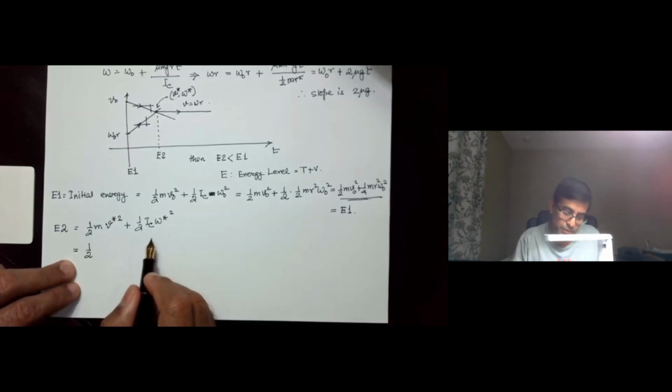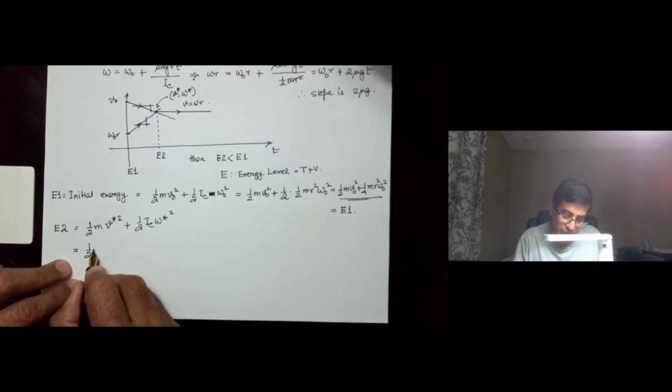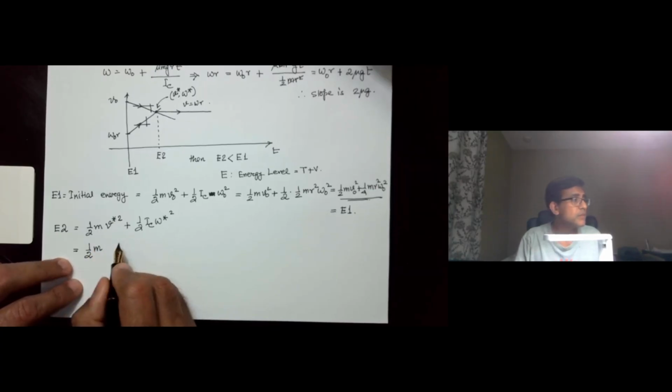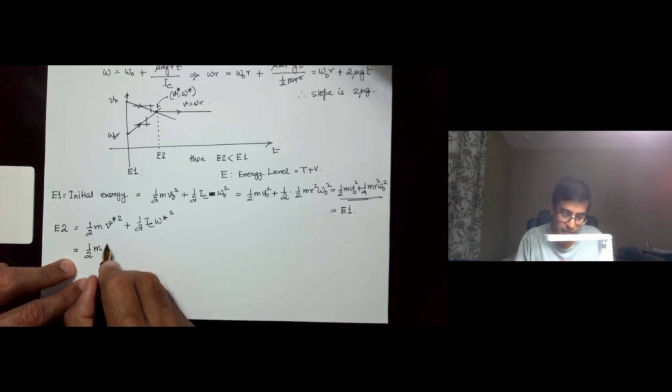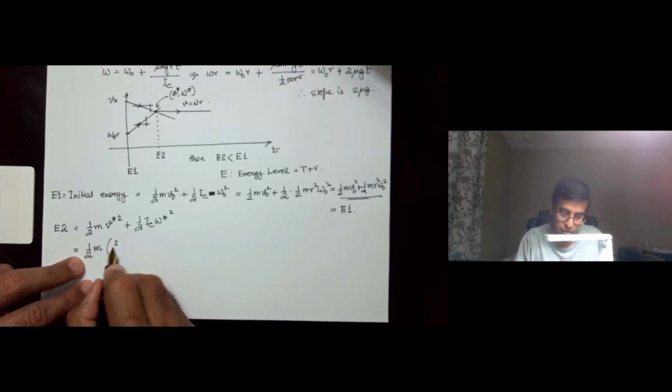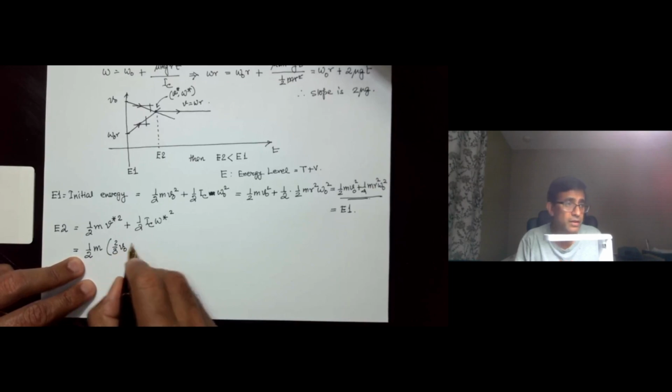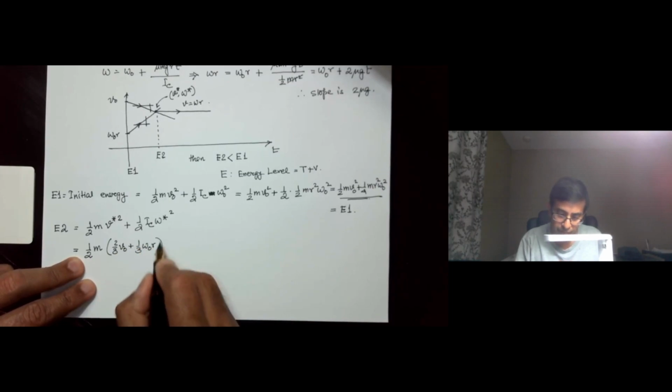So this is the expression for E2, and so we have half m, and we'll substitute the expression for V star, which is 2/3 of V naught plus 1/3 of omega naught r squared.